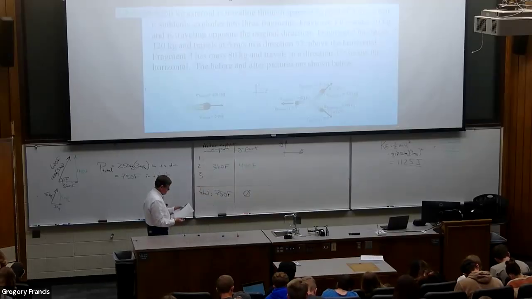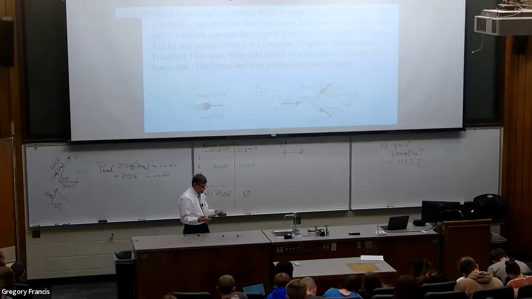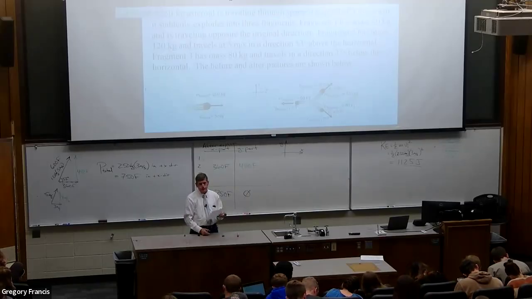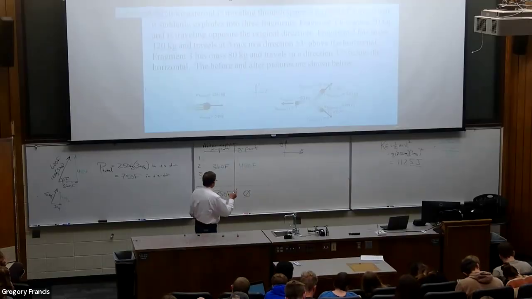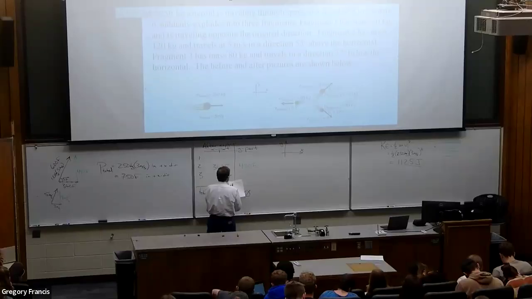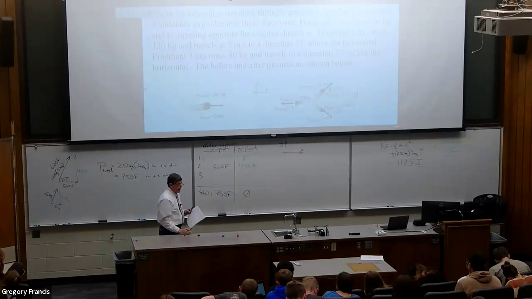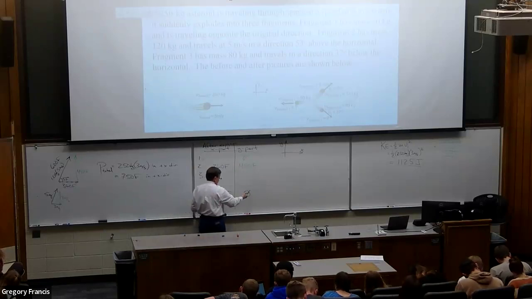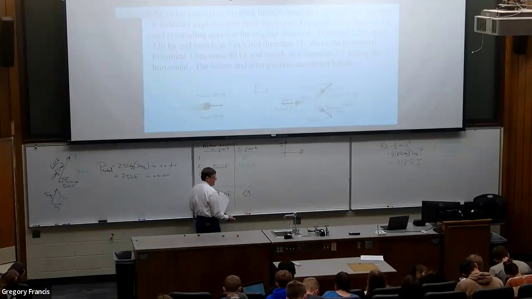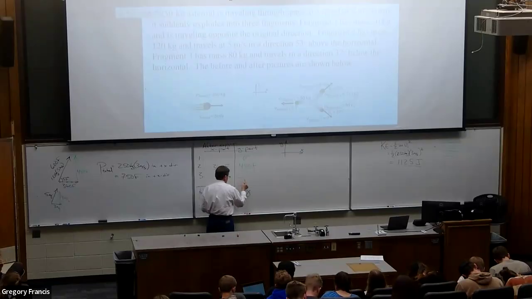Now, the next part asks us to find the X and Y components of fragment 3. But they don't tell us how fast 3 is going. So it seems like we're not given enough information. But of course we are, because we know that fragment 1 has 0 momentum in the Y direction, and this Y column has to add up to 0. And so that means that the Y part of fragment 3 has a momentum of negative 480.